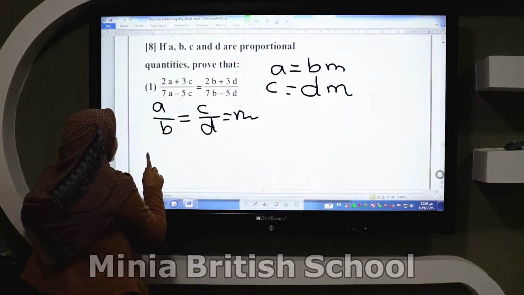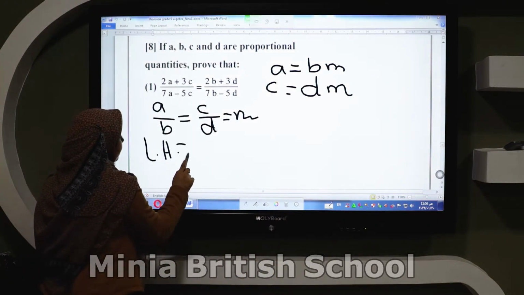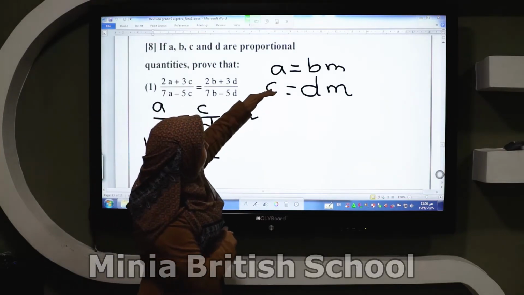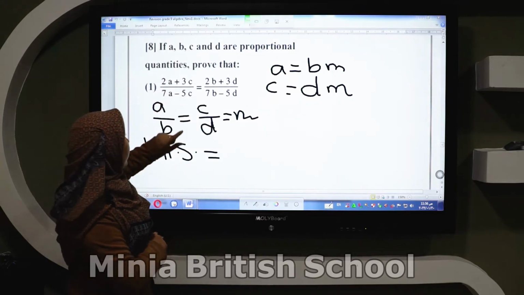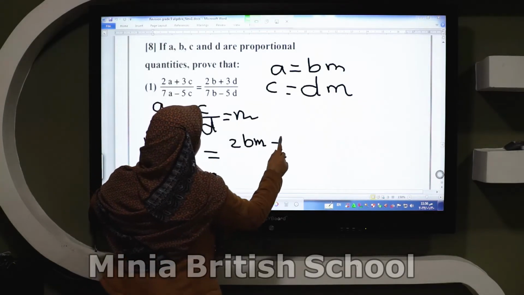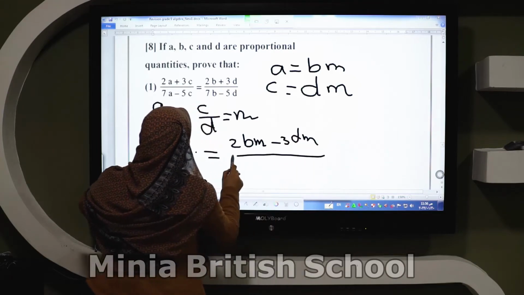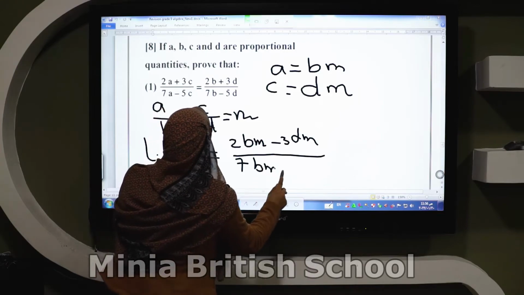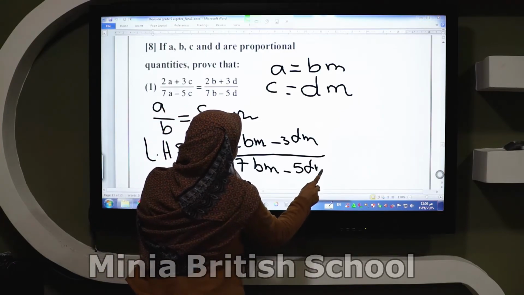The left hand side: I will substitute the values of A and C. 2BM minus 3DM over 7BM minus 5DM.